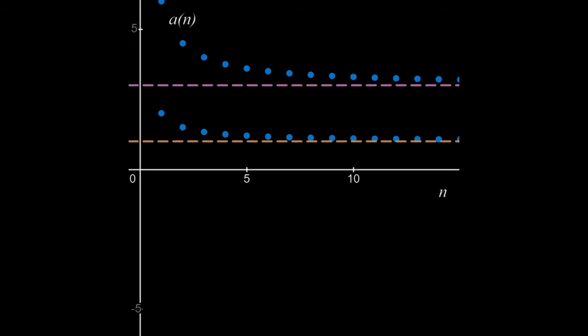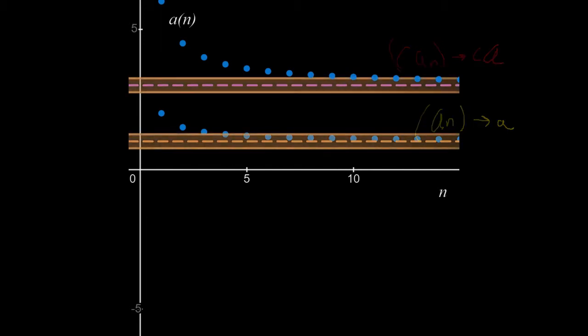Let's consider a sequence a sub n, which converges to, I don't know, like a. And let's consider a scaled version of that sequence, c times a sub n. Today we're going to show this converges to c times a. One way we're going to do this is to consider some region around our limit, this region a plus epsilon and a minus epsilon.